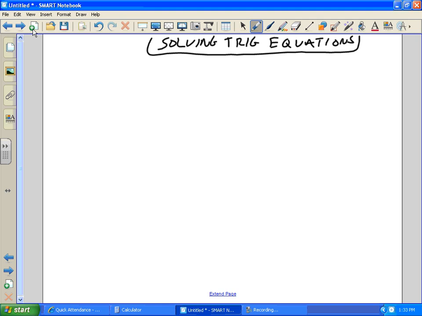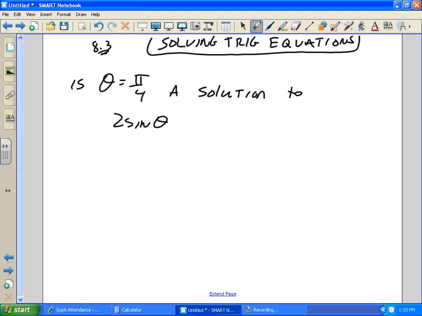For instance, is theta equals pi over 4 a solution to 2 sine theta minus 1 equals 0? Is that a solution?